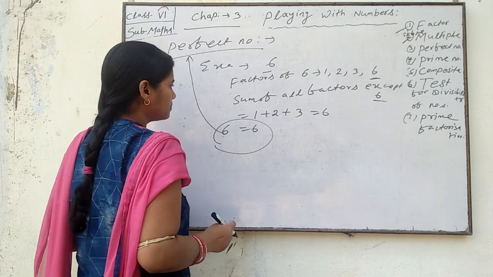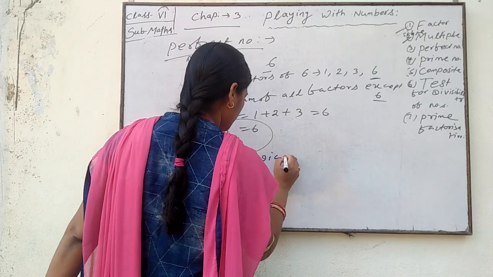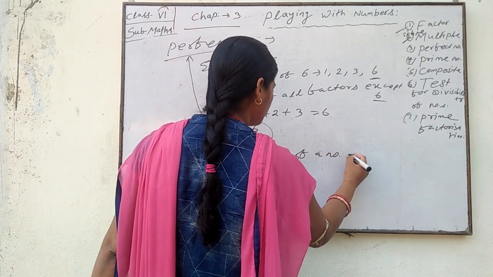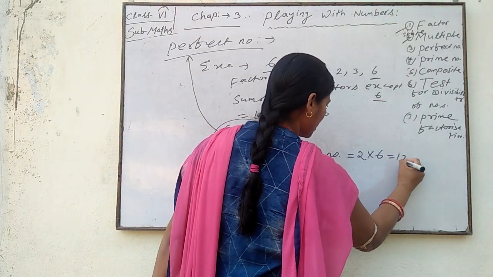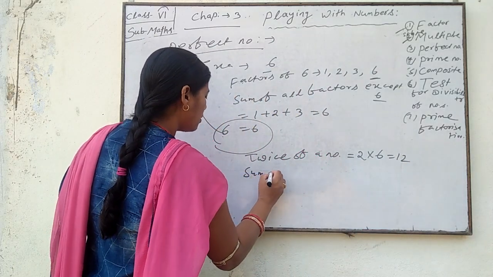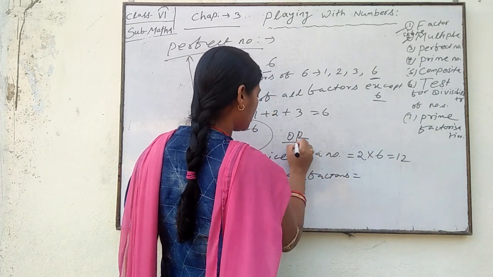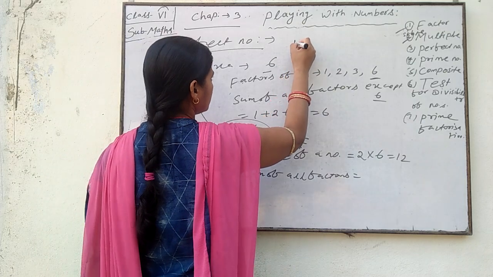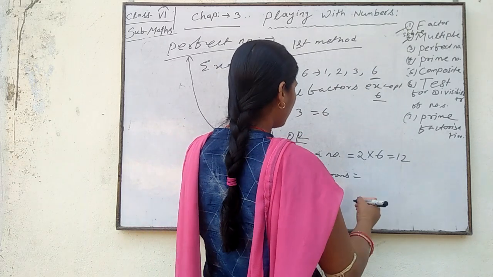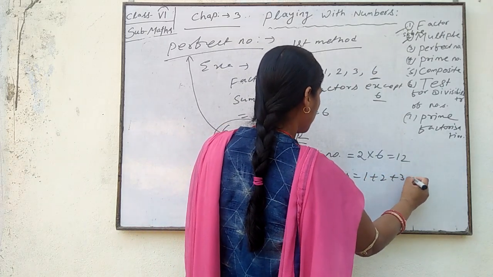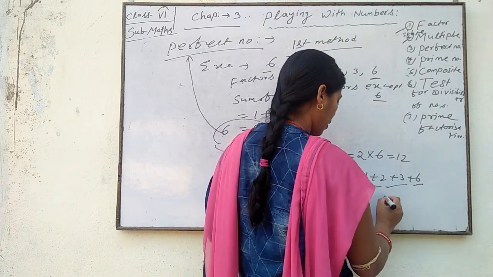Another definition: twice the number. Your number is 6, so twice means 2 multiply 6 is equal to 12. Now the sum of all factors: 1 plus 2 plus 3 plus 6 is 12.